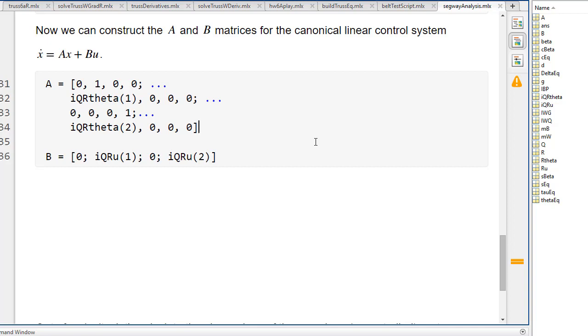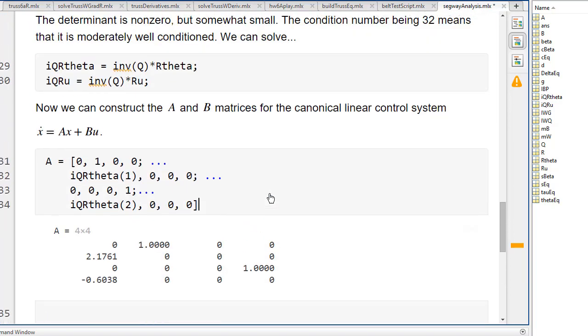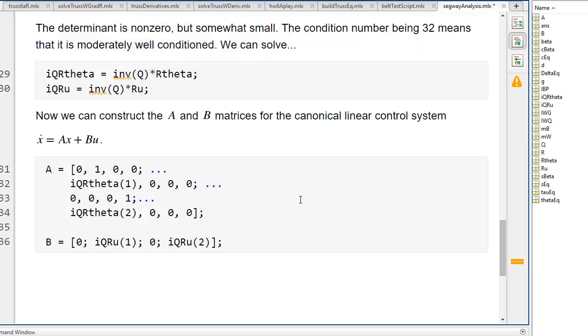So I'll just put it in here like so, and then give you the results. Of course, it's good to look at the results the first time you enter them. But as far as the analysis goes for the project, as soon as you've got these results, you don't need to look at them anymore because we'll just use the matrices later. So I'm going to put these semicolons here to suppress the output. And now we have the matrices A and B for our canonical linear system.